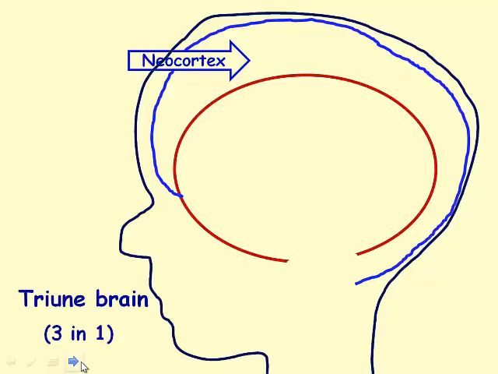It's kind of like a quilt, a thin top layer covering the limbic system, which covers the brainstem. These are areas of the brain more than they are specific structures. Together, these areas are called the triune brain. Tri means 3 and un means 1, for 3 in 1.